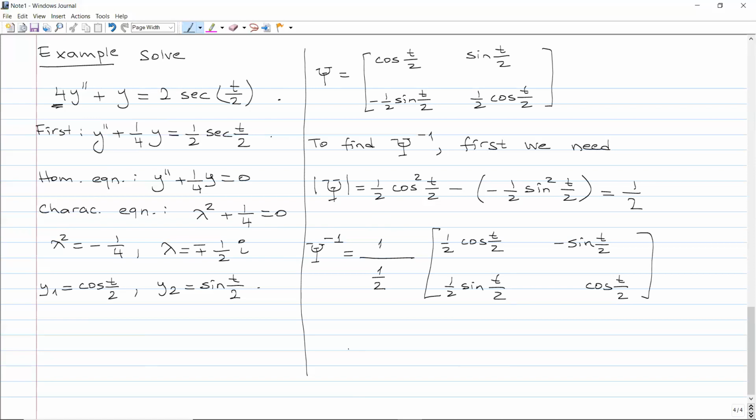Dividing by 1/2 means multiplying by 2. So we have cosine t over 2, minus 2 sine t over 2... sine t over 2, 2 cosine t over 2. So this is the inverse matrix.